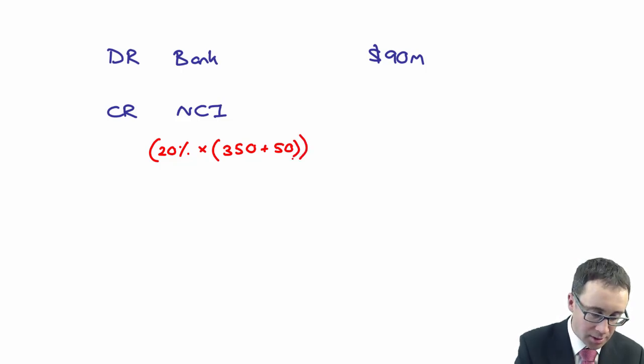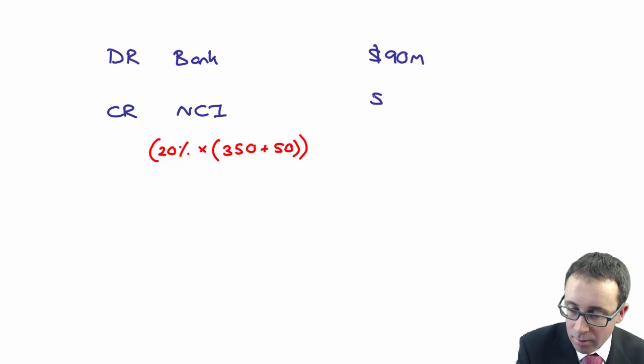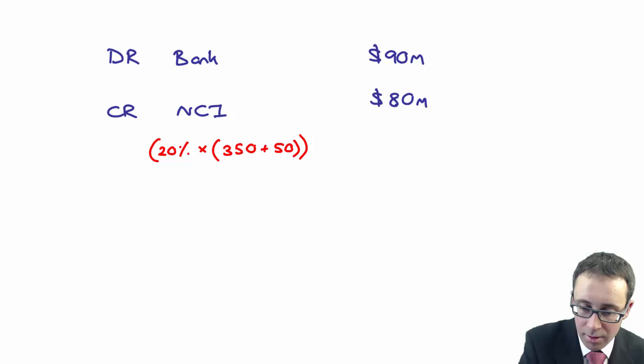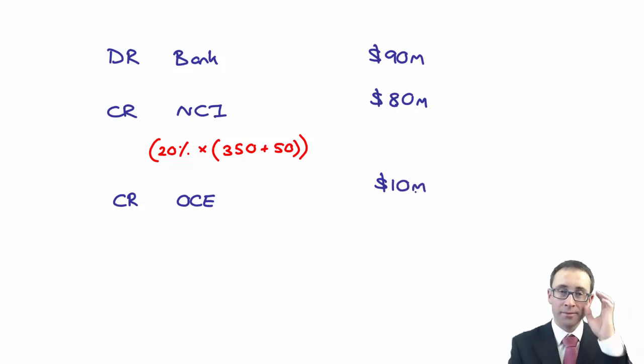So 20% of 400 gives me 80 million. And then the remaining credit to your other component of equity is 10 million.